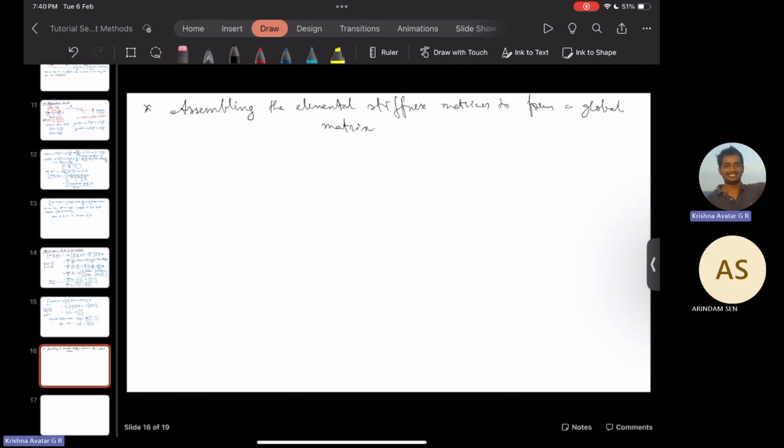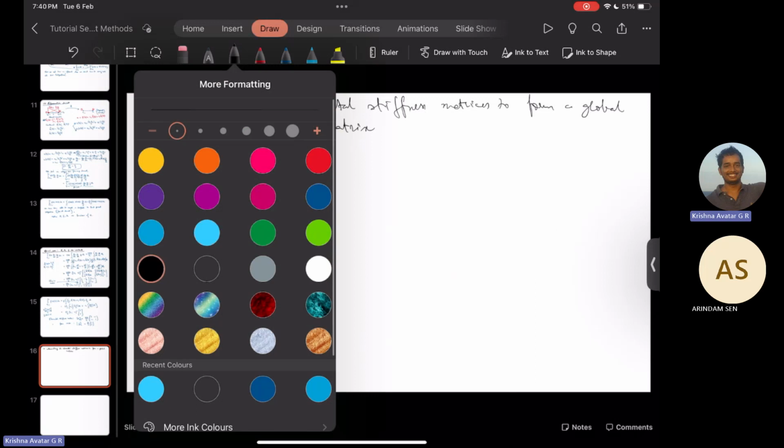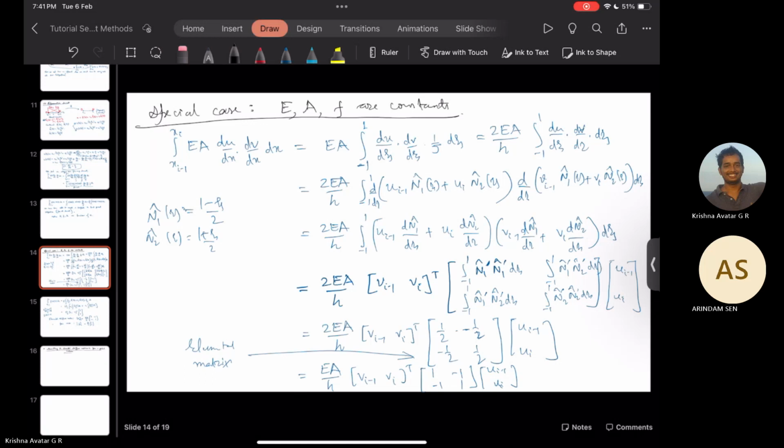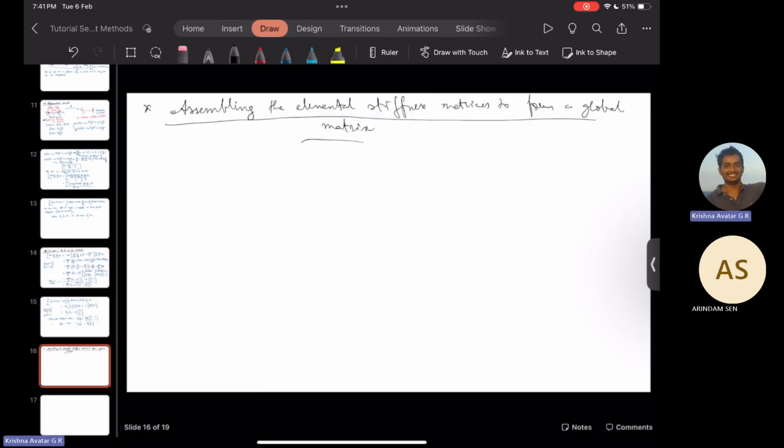Now you'll ask me, okay, but why are we doing this? What's the purpose behind this? The thing is, when we are integrated it, we only considered one element, which is from xi minus 1 to xi. Now we have to incorporate all the elements, from x naught, x1 till xn minus 1 and xn. So all these elements we have to incorporate in a single matrix form, and then we will be able to solve this equation, right?